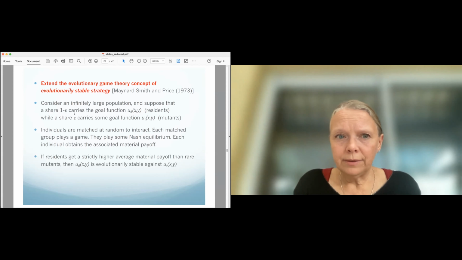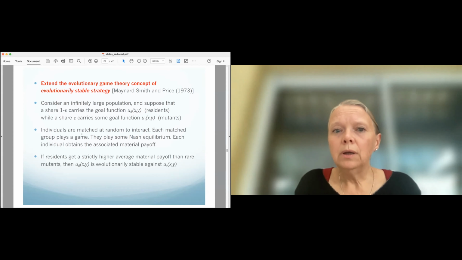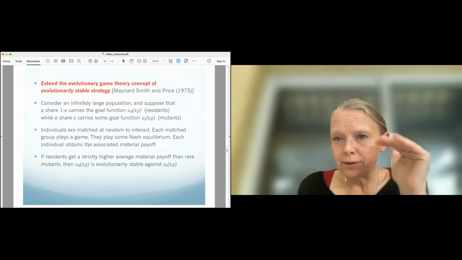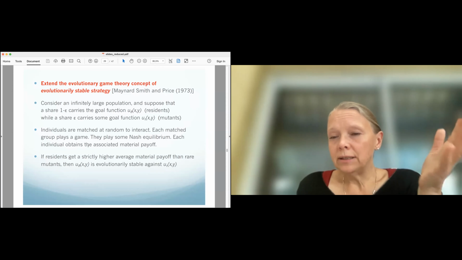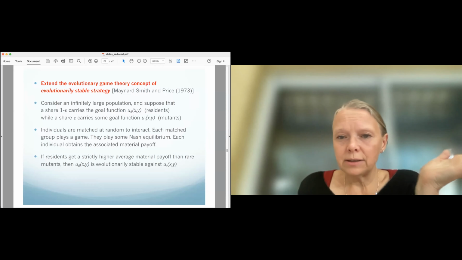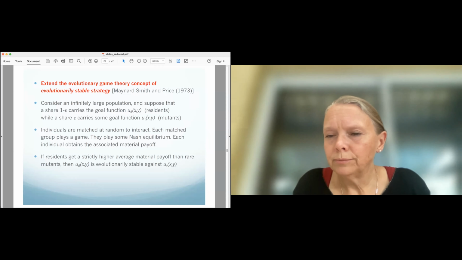And we take this epsilon to be small and we check whether, when epsilon is small, the residents get a strictly higher material payoff than the mutants. If they do, then it's evolutionarily stable. If they don't, then that means that the mutants can invade. They have a higher evolutionary success, a reproductive success, they can invade, and then u theta is not evolutionarily stable.